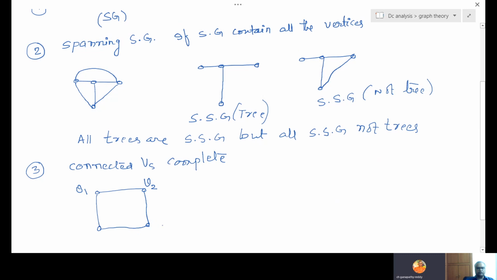V stands for vertex. So this is an example of connected. This is an example of complete. V1, V2, V3, V4. This is complete.